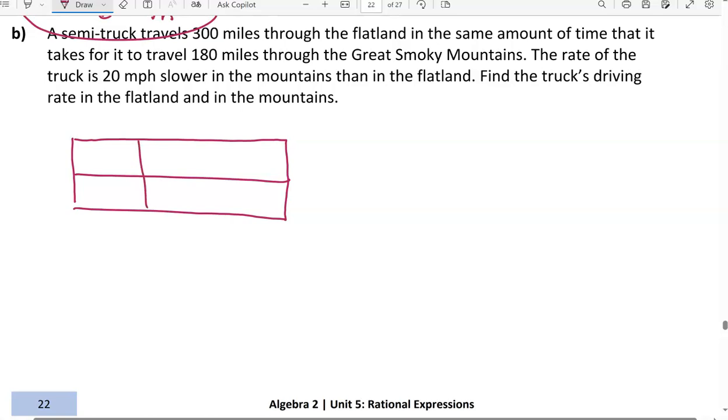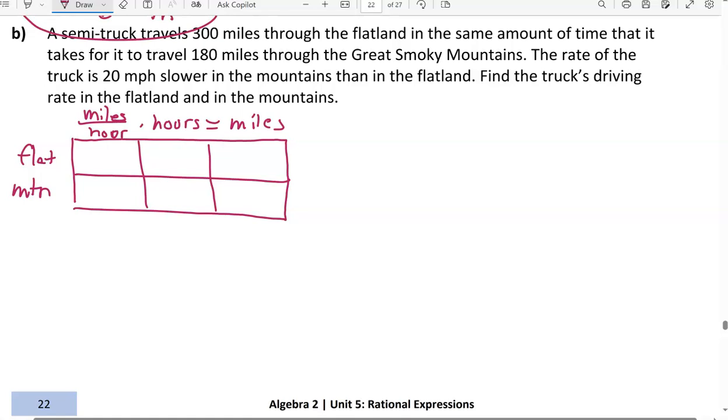Our rates are measured in miles per hour, so I'm going to start with that. Miles per hour. And that suggests that we should be multiplying by hours and get a result that's measured in miles. And our semi-truck is traveling through two different types of places, the flatland and the mountains.